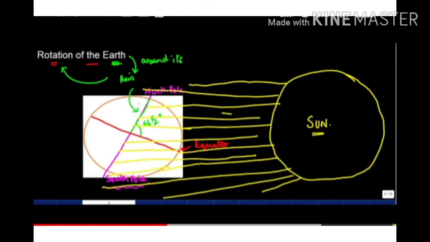Now given that this is a sphere, it's only half of the portion, if I may divide it by this black line, the one on the right and the one on the left.